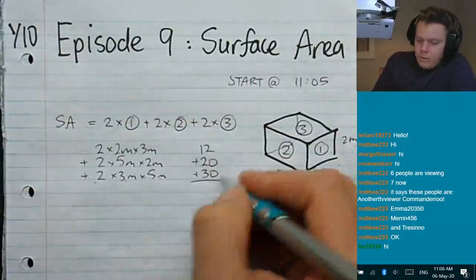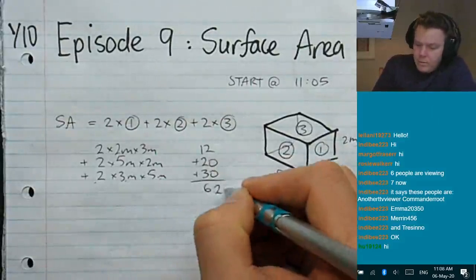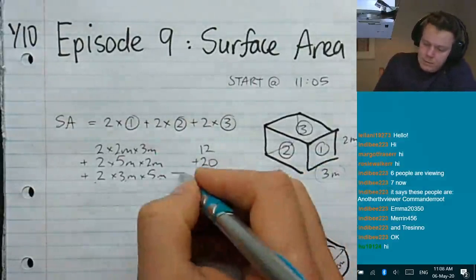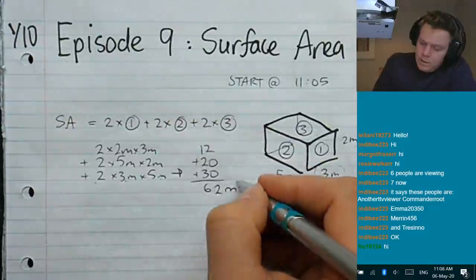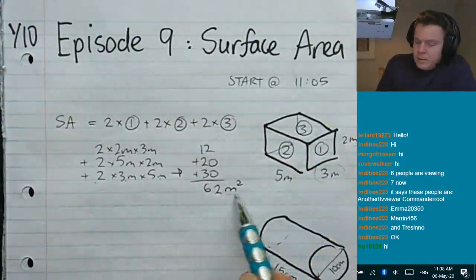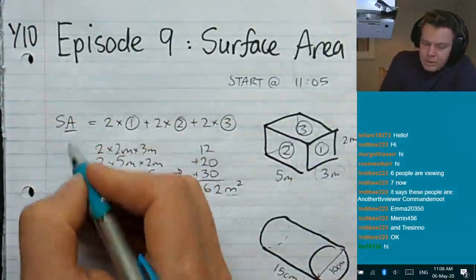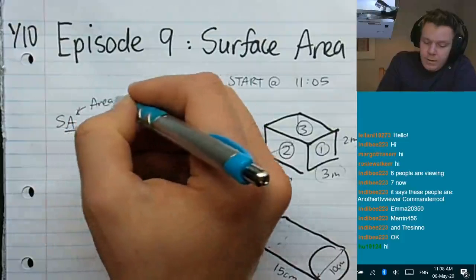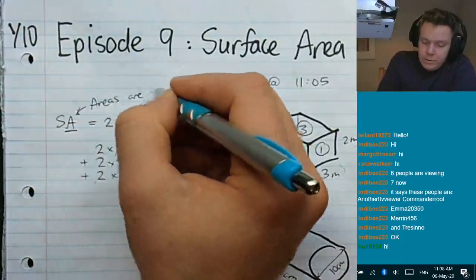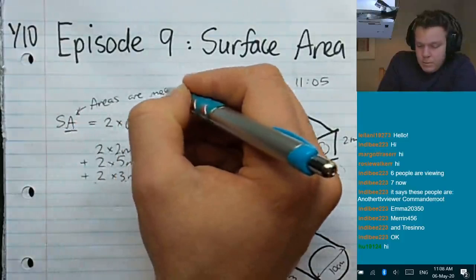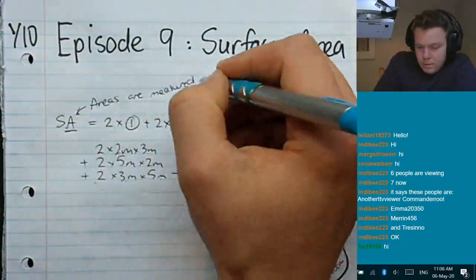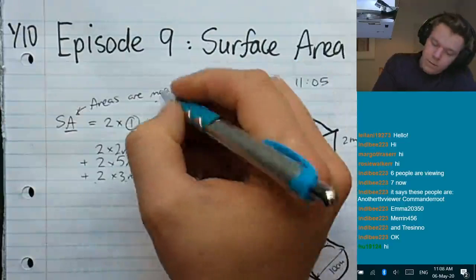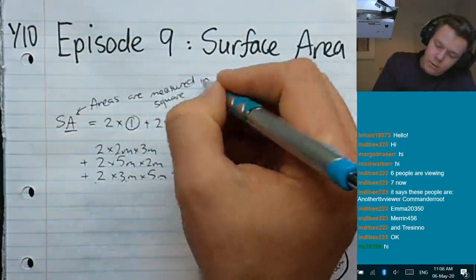We add those all up and we get 62 meters squared. Meters squared, because surface area is area, and areas are measured in square units.